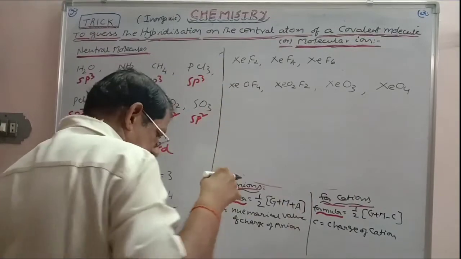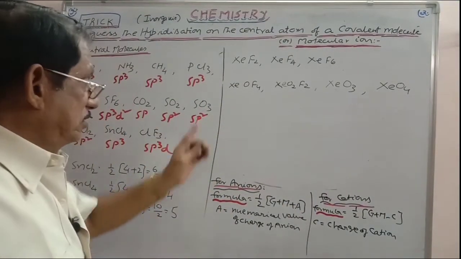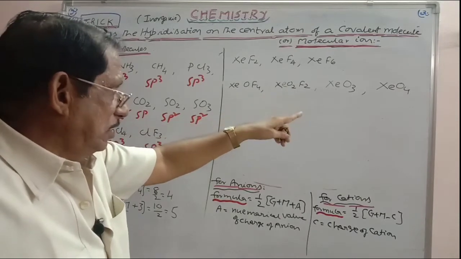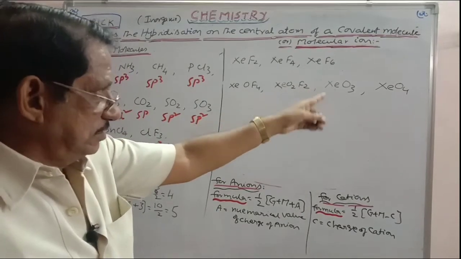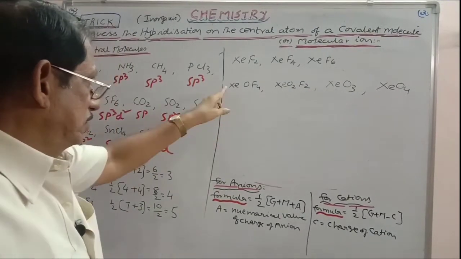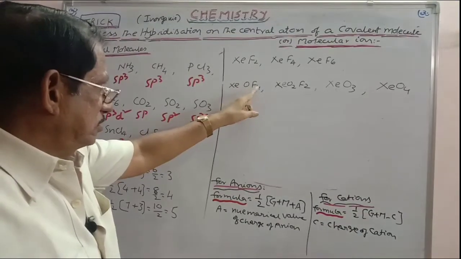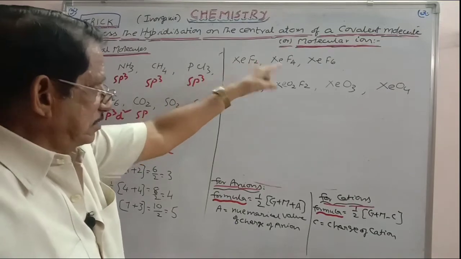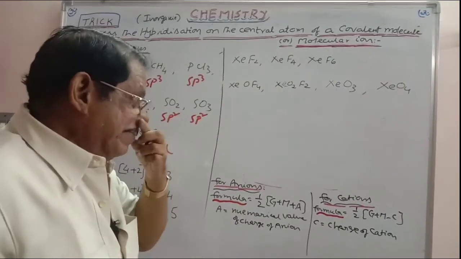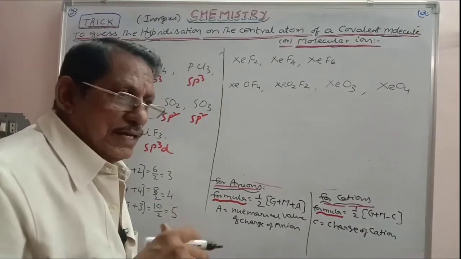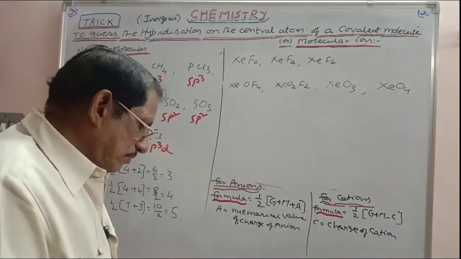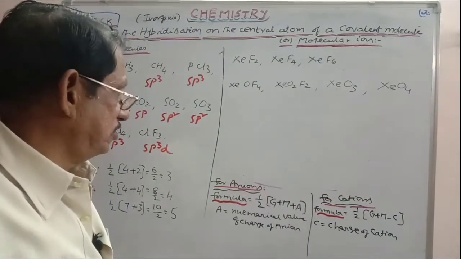XeF4 is also there, which is explosive. So XeF2, XeF4, XeF6, XeOF4, XeO2F2, xenon dioxide difluoride, xenon trioxide, xenon tetroxide, and xenon oxytetrafluoride. Xenon difluoride, xenon tetrafluoride, xenon hexafluoride. In this way, we are considering the inert gas compounds. Xenon is able to give compounds. It has some affinity, of course. It is exceptional among the inert gases.